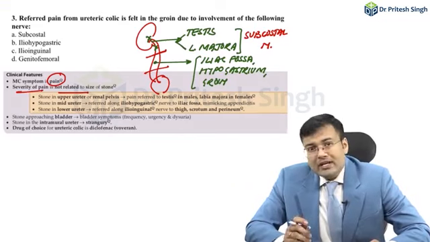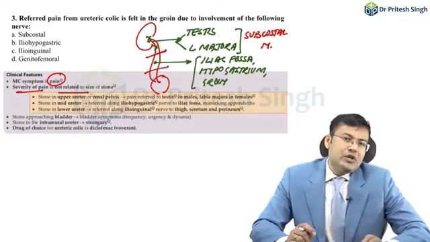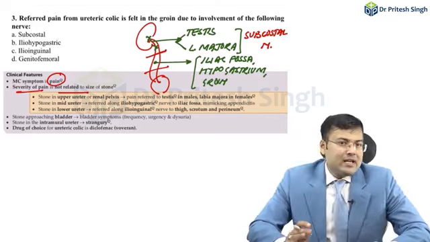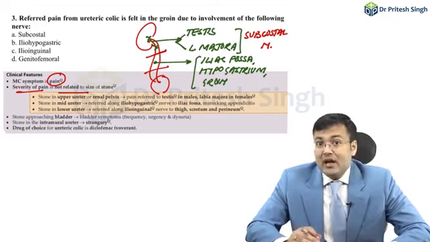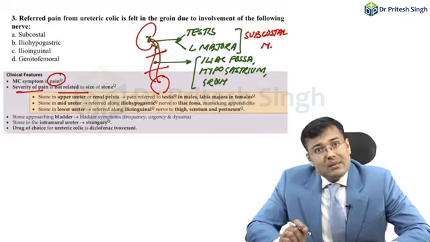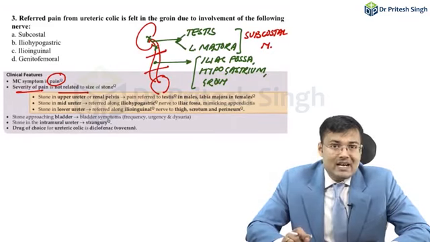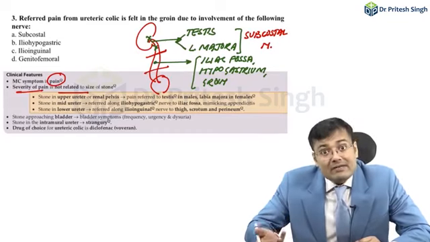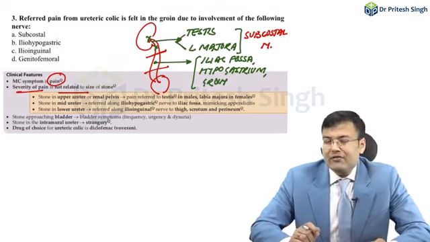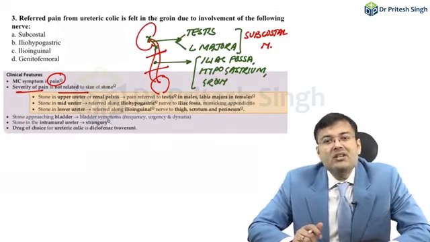If the stone is on the right side, it is going to radiate to right iliac fossa, and if the stone is on left side, it is going to radiate to left iliac fossa. Now, if the stone is in the middle one third of ureter on right side, it mimics which condition? Acute appendicitis. And if it's on left side in the middle one third of ureter, it mimics which condition?